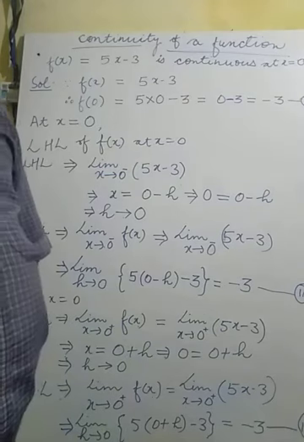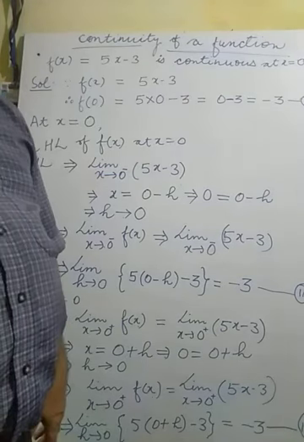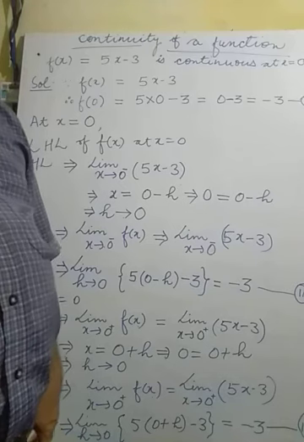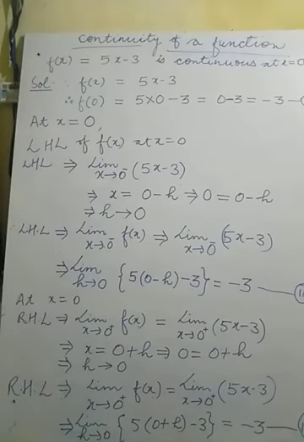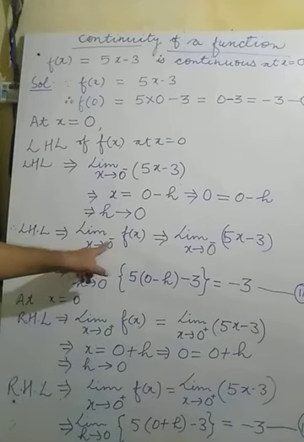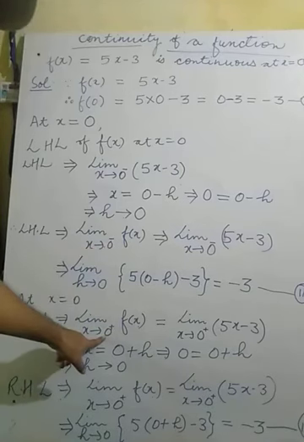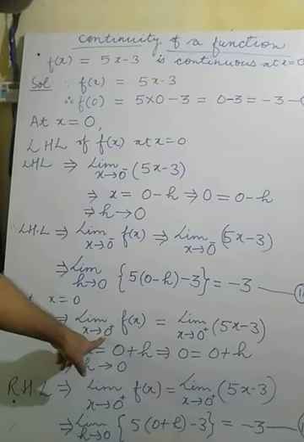Now we have to calculate similarly the right hand limit, that will be 0 plus. So here at x equal to 0, right hand limit equals limit x extends to, here it was 0 minus, here we have to take 0 plus, because we are considering greater value than 0, approaching value greater than 0. So that is h more than 0, so 0 plus h.